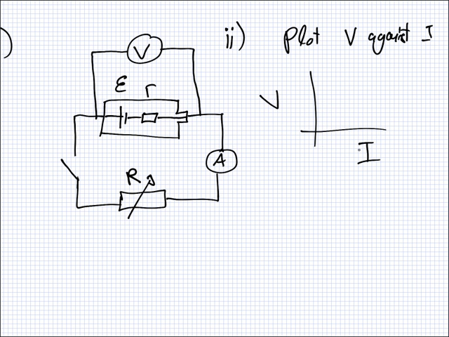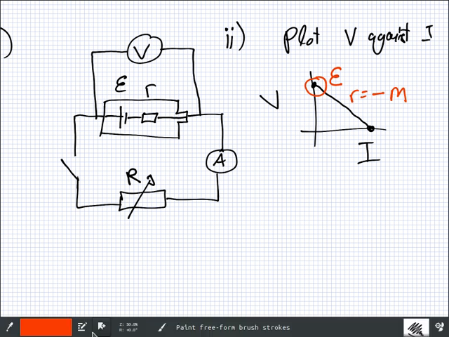Well, if I put the V here and the I here, it actually goes down. And this value here represents the E, and then the r is equal to minus the slope. Yeah, there you go, 5 marks.